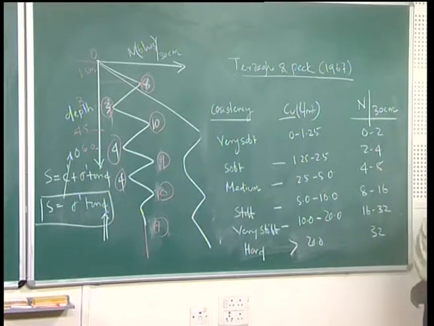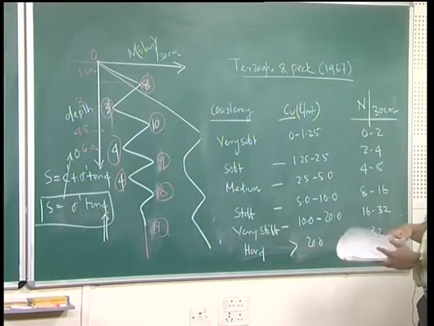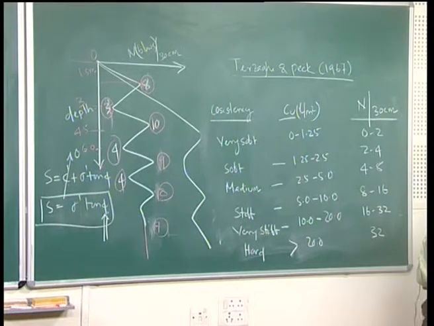Now, SPT, standard penetration test, is exclusively for cohesionless soil. If it is a C-phi soil, where some cohesion is there, the standard penetration test can also be conducted. Some correlations are given.